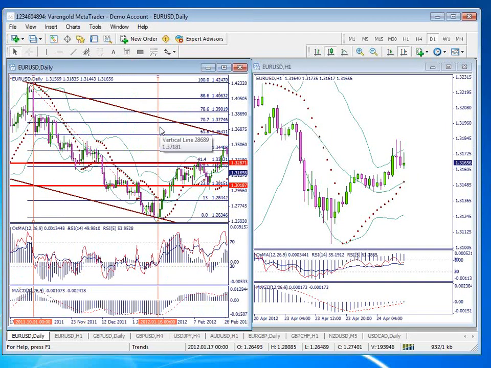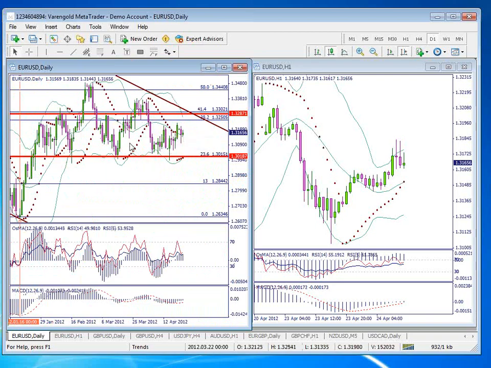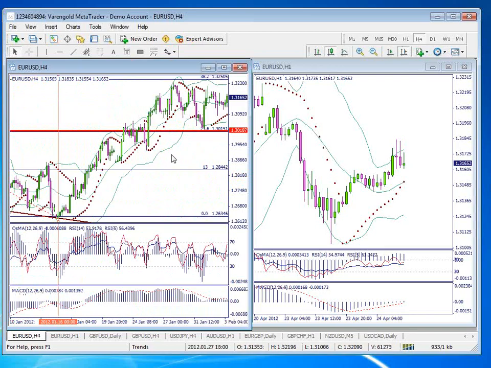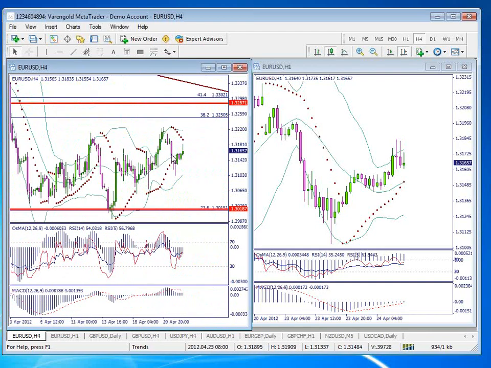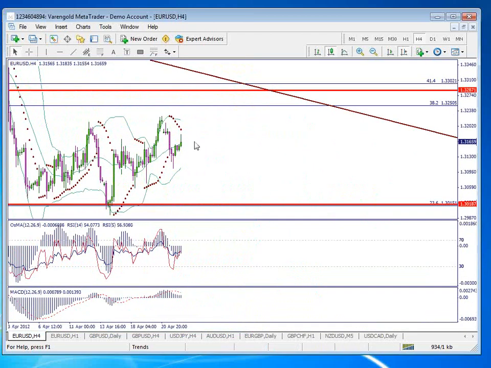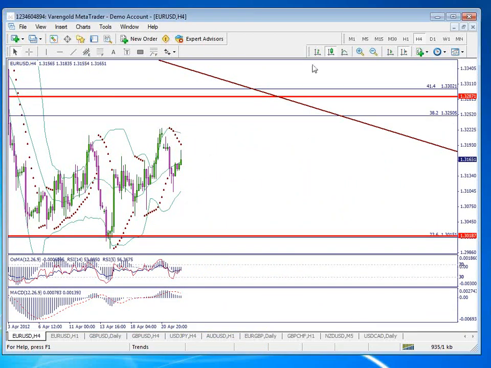I will go now into a smaller time frame. I will go on the 4-hour chart. Maybe for the moment it's okay if I have just one chart on the screen because you will see the details better.